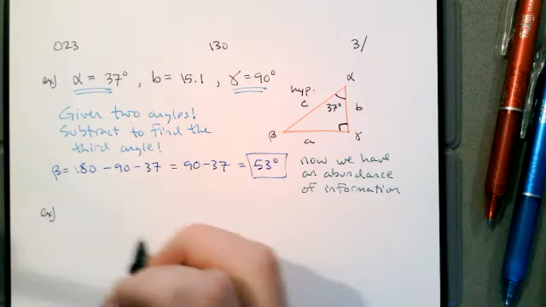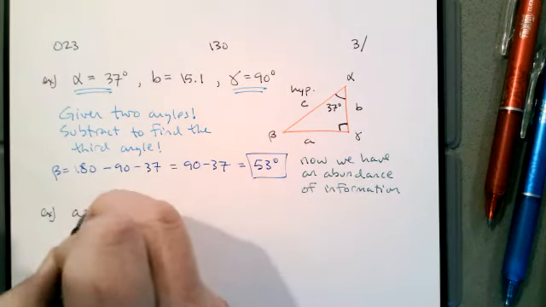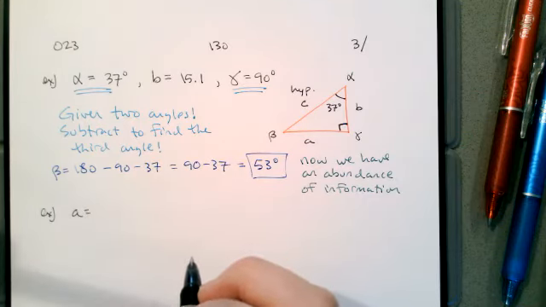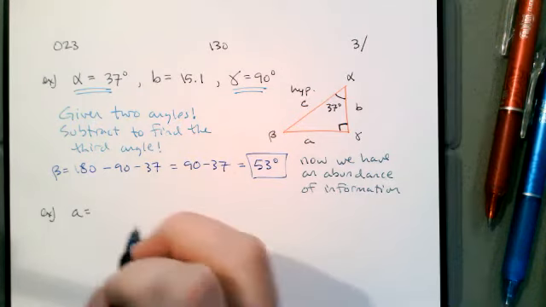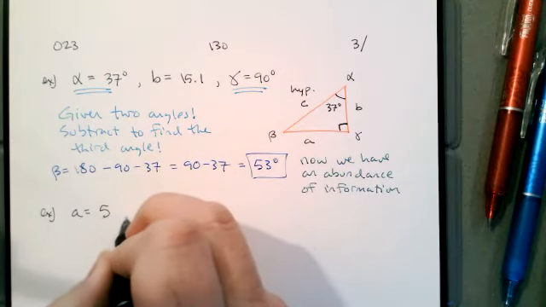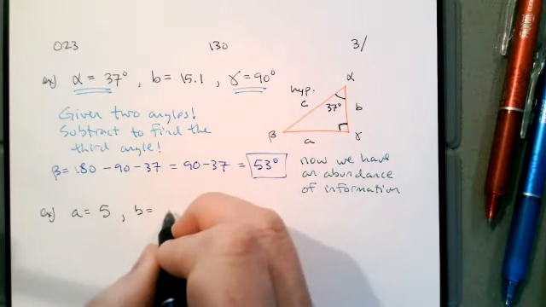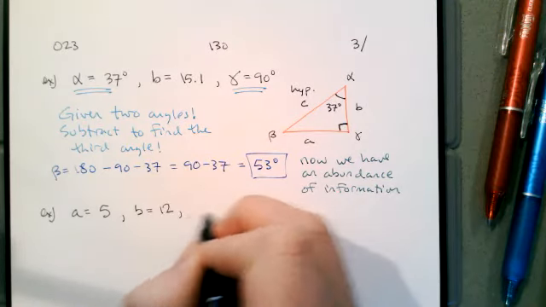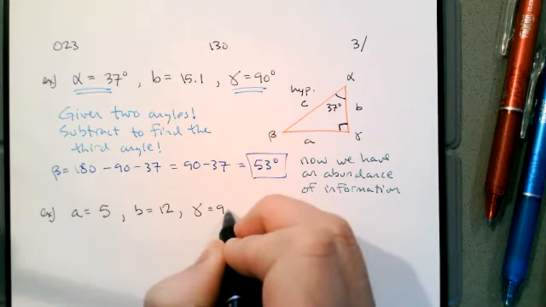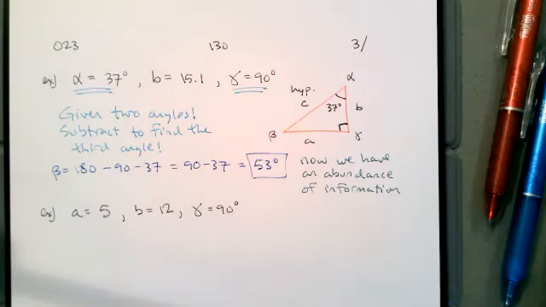So let's suppose that A is 5, B is 12, and we have a right triangle.